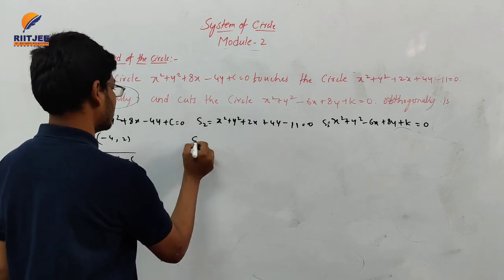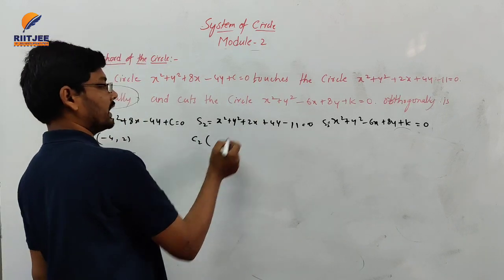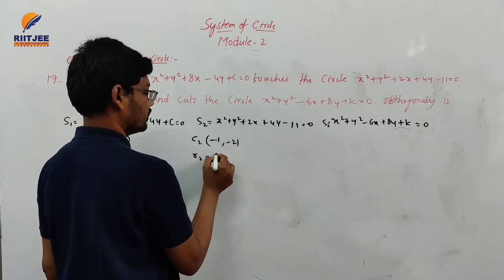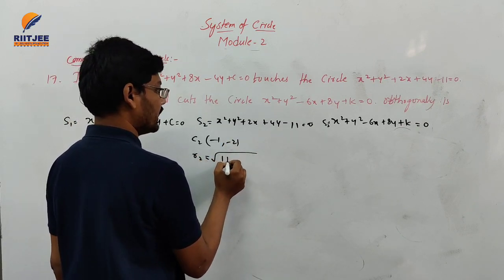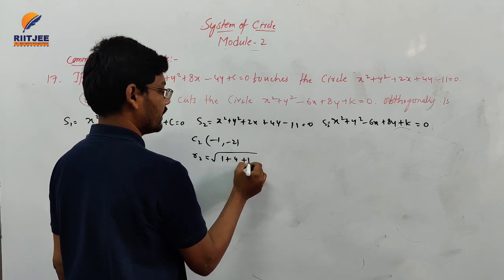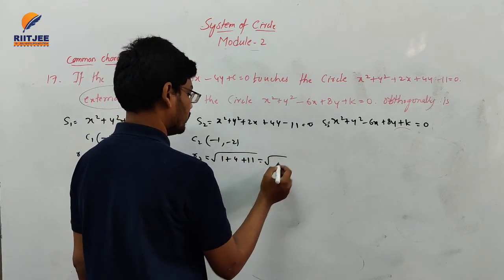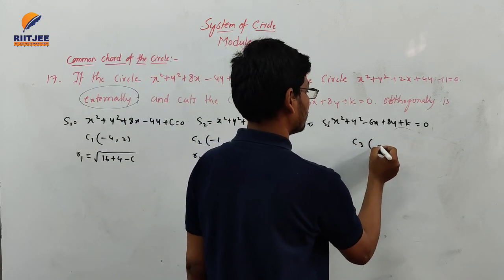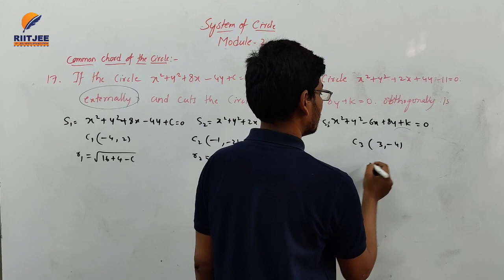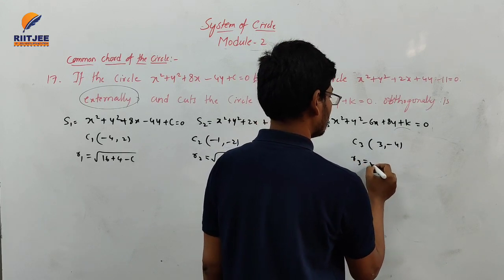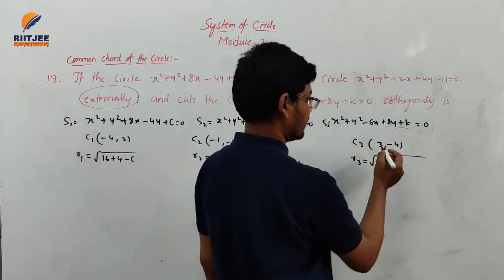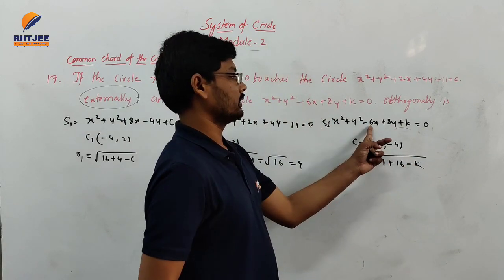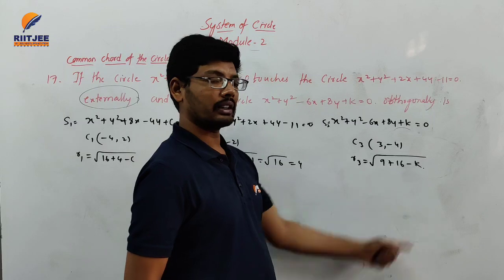And from this circle, C2 is (-1, -2), and R2 is square root of 1 plus 4 plus 11, that is the square root of 16, which is equal to 4 here. And from this circle, C3 is (3, -4), and R3 is the square root of 9 plus 16 minus k.